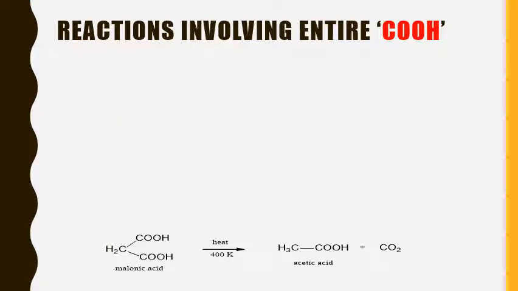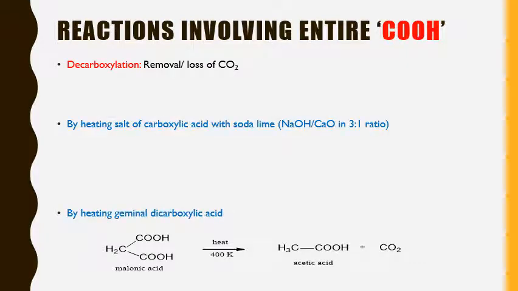The next category of reactions are the reactions which involve the entire carboxylic group. The first such reaction we have to study for the entire carboxylic group is, of course, decarboxylation. So what is decarboxylation? De means removal, carboxyl means the COO group.